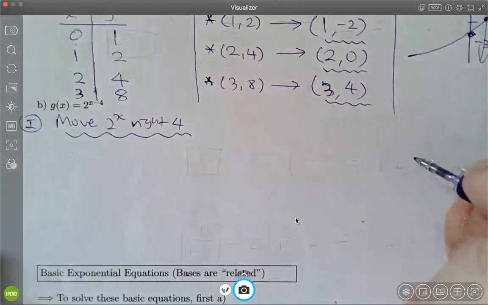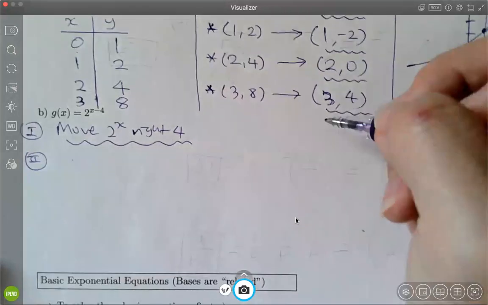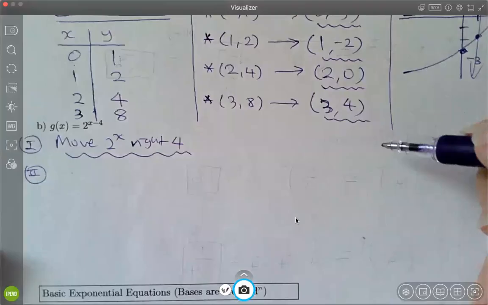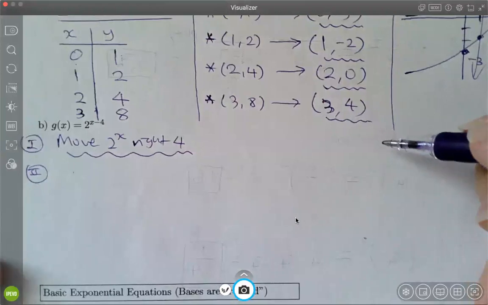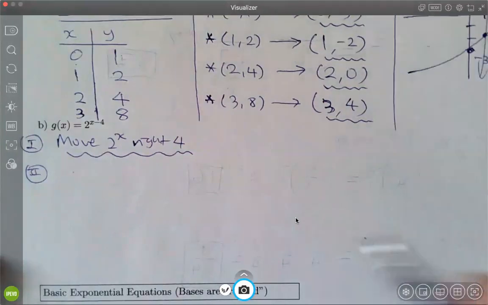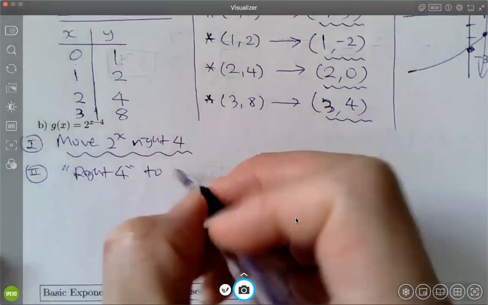And now, let me legally steal these 4 points, okay? Yeah, that's called legal burglary. Because we'll just use the same exact 4 points. And now, what do we do? You apply right 4 to these 4 points.